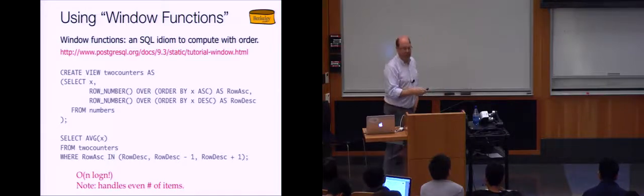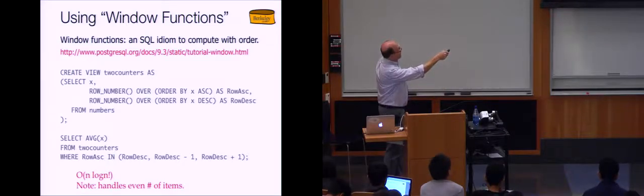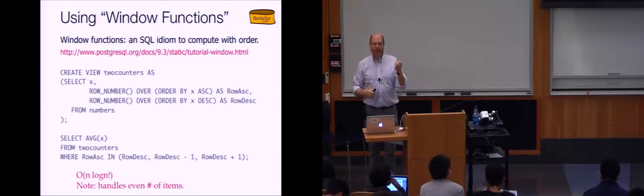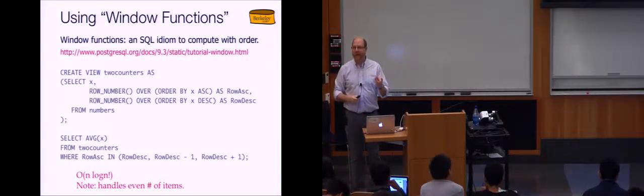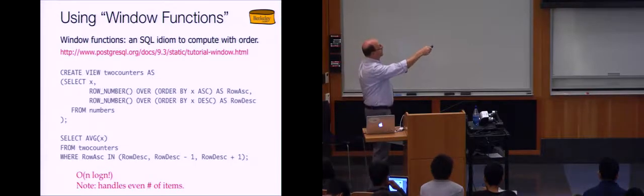So what this is saying is, I've got a table numbers, and what I want to do is create a view over that table where the records in that view consist of three fields. The first field is this field X that comes straight from the records of numbers. And then this magic is kind of cool.